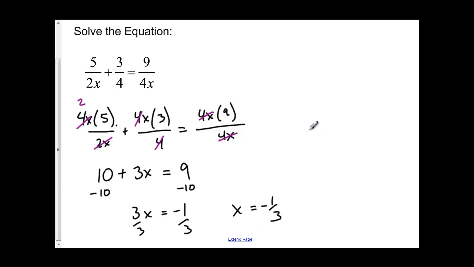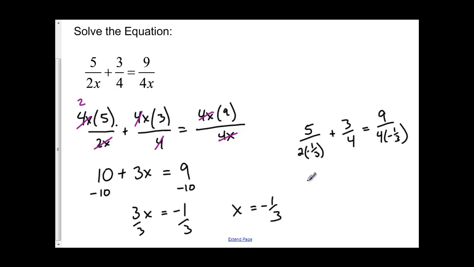The final thing I'm going to need to do is substitute this back into my equation. So I've got 5 over 2 times negative 1/3 plus 3 over 4 equals 9 over 4 times negative 1/3.